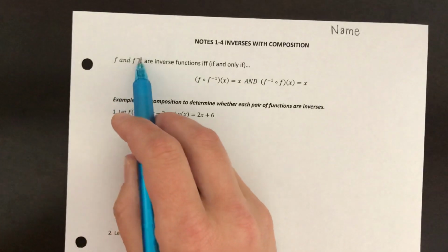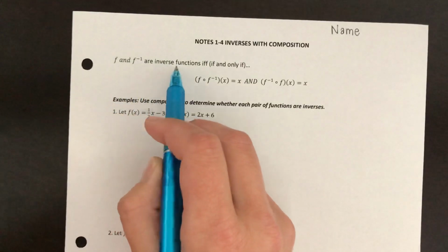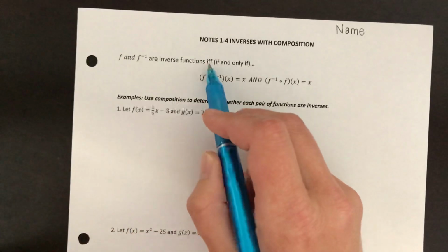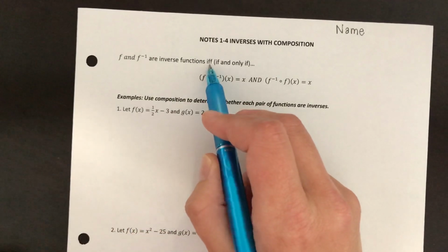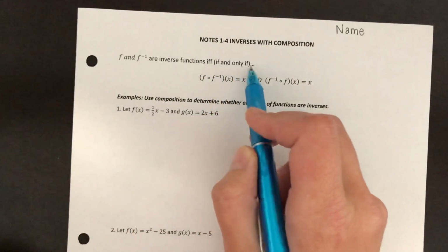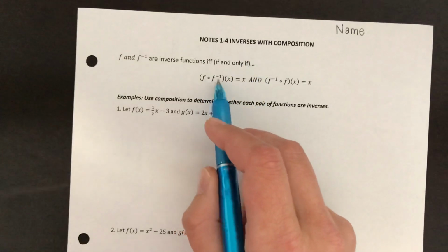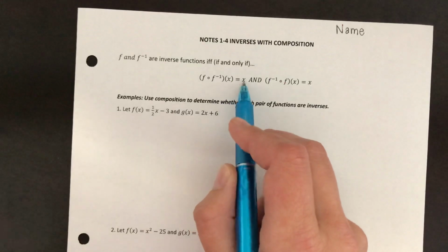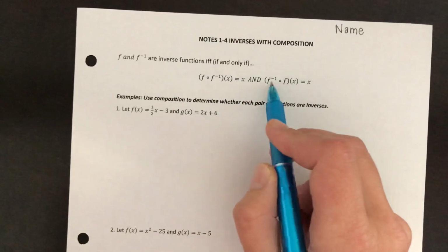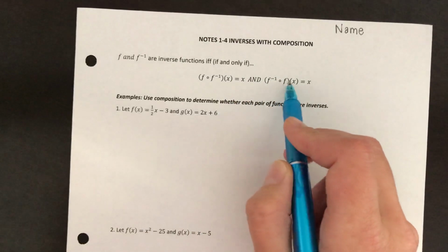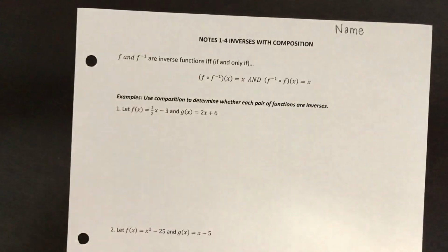F and F inverse are inverse functions if, and no, I didn't misspell if, that stands for if and only if, okay? F composed of F inverse of x equals x, and F inverse composed of F of x equals x. So that's a mouthful, right?